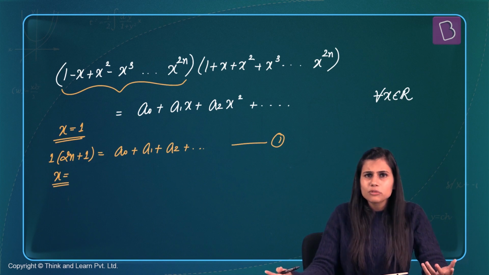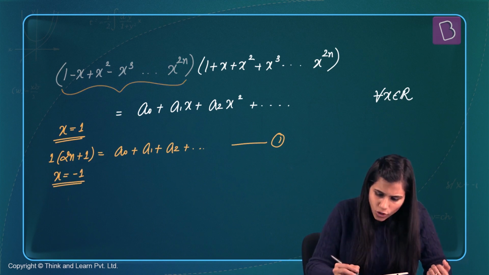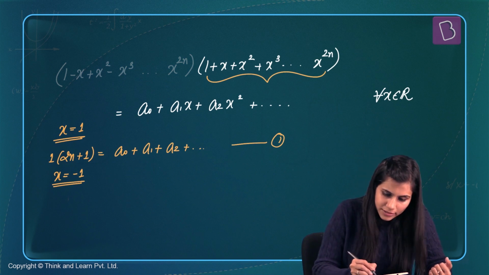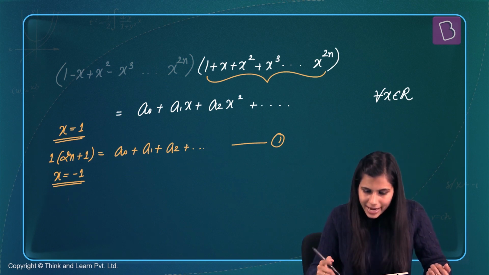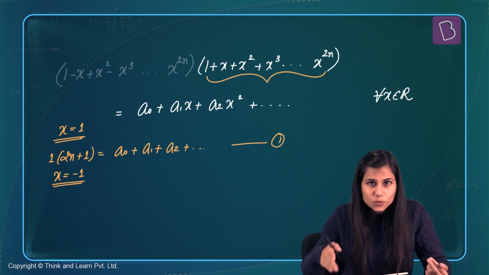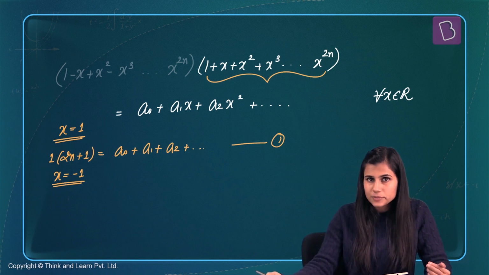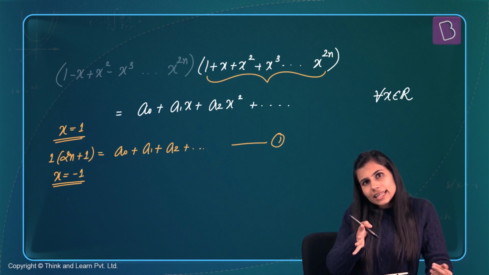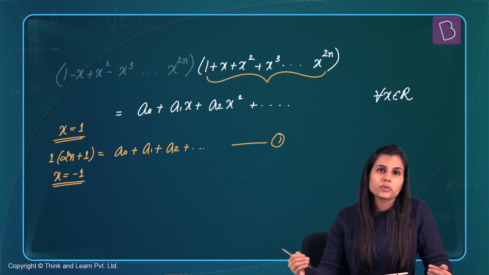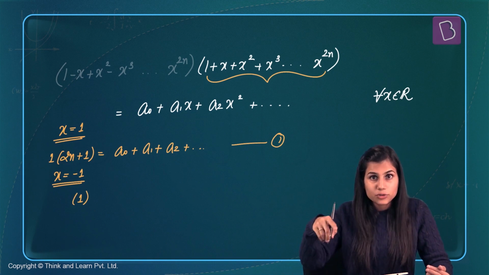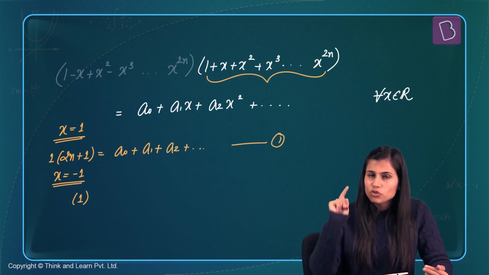When you plug in x equals minus 1, what do we get? In that case, this bracket gives you 1 minus 1 plus 1 minus 1 plus 1 minus 1 and so on. Again, realize there are 2n plus 1 terms. So 2n terms will cancel, but you will be left with a single 1. You can see the power x to the power 2n is an even power, so you'll be left with 1.